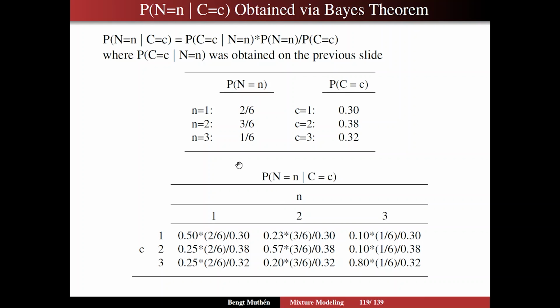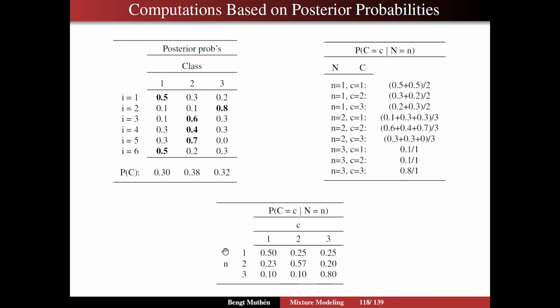So now we multiply them together, and at the bottom then you see how we piece it together. So you recognize the 2 divided by 6 and 0.30 here. And these values, 0.5, 0.25, 0.25, they come from the first row of the table on the previous slide, 0.5, 0.25, 0.25.